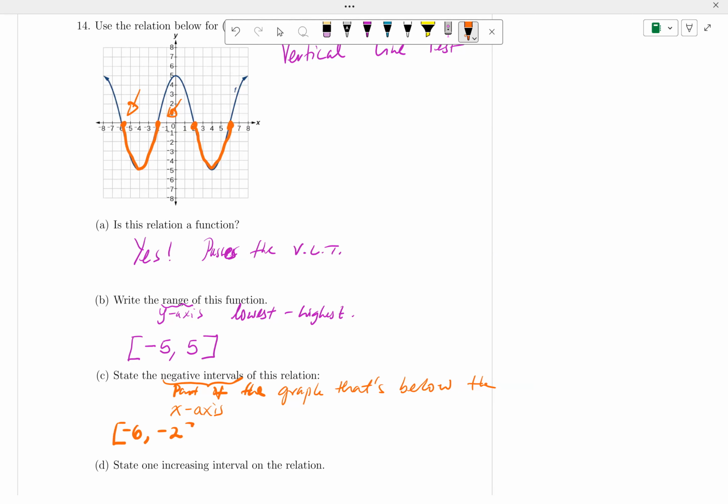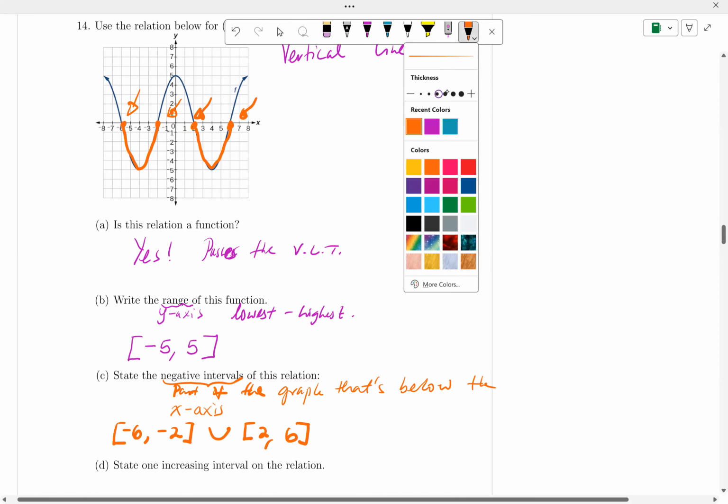And then there's another section where the graph is negative. So I'm going to say union, which means I have another section from 2 to 6. You can see that over here, there's a 2, and there's a 6. So you give these answers in terms of the x-axis.